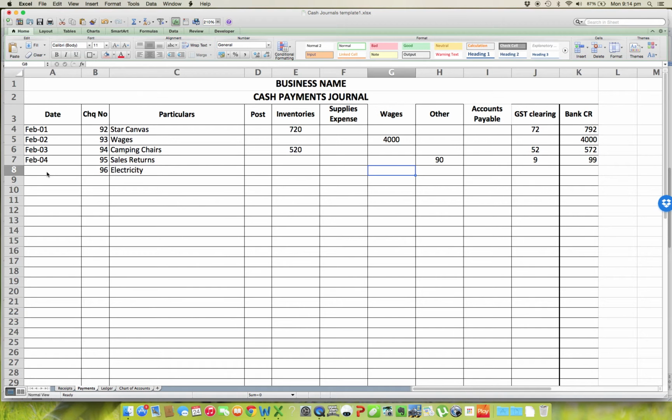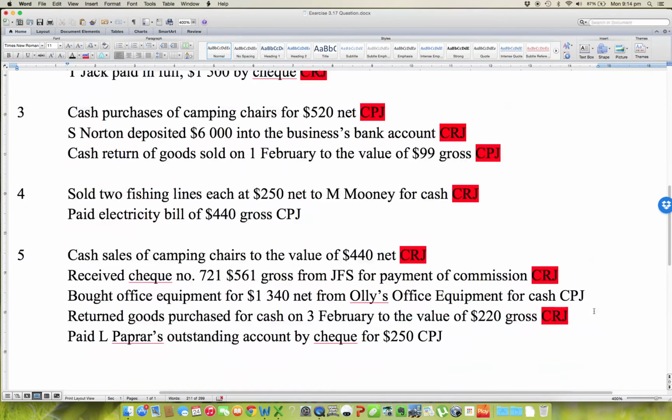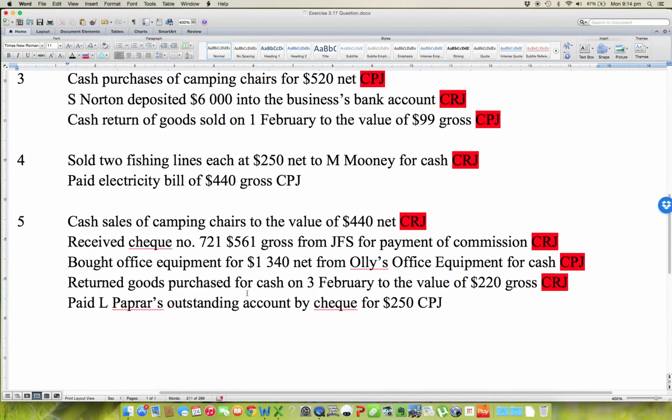We haven't got an account across the top for anything to do with electricity, so I'll pop it into our other column. The gross figure was $440, so if we divide 440 by 11, that gives us 40, which leaves 400 to go into our other column. So we'll cross out that one there.